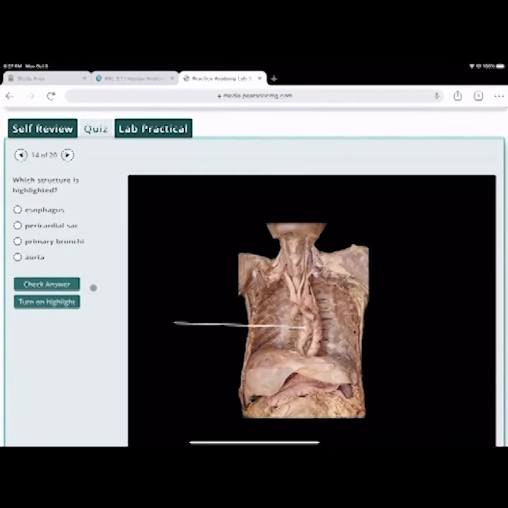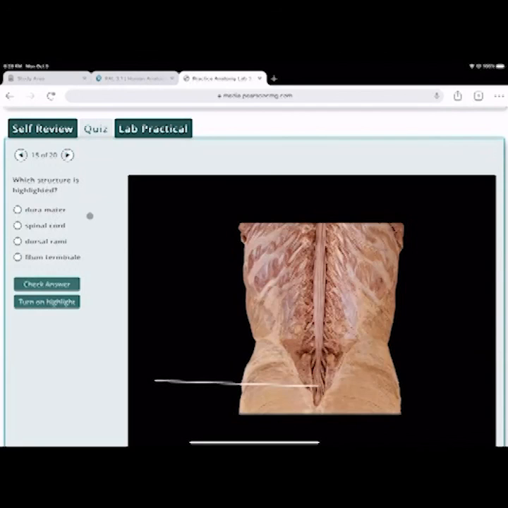So that one's pointing to infraspinatus. And what's that pointing to? The esophagus. Looks like the esophagus to me too. Yep, perfect. And let's turn the highlight on still. It's the filum terminale.